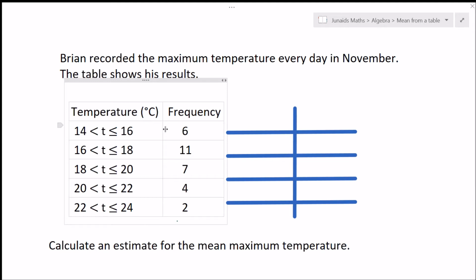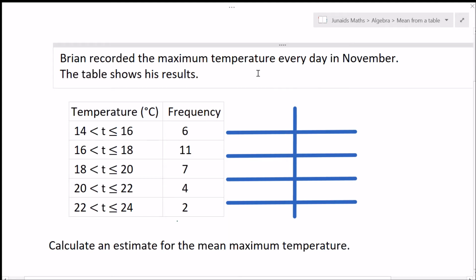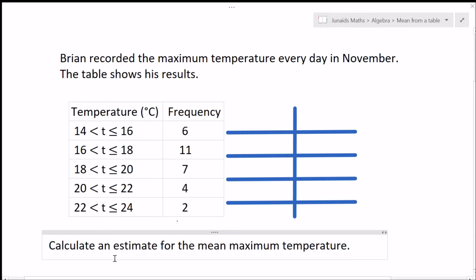Now we will move towards our working out, or how to solve this particular problem here. So the question says Brian recorded the maximum temperature every day in November. The table shows his results. Calculate an estimate for the mean maximum temperature.